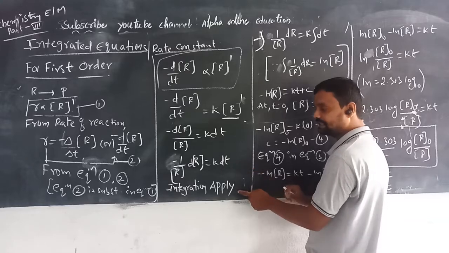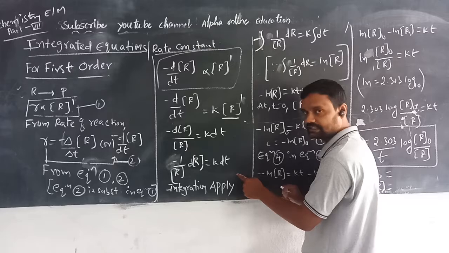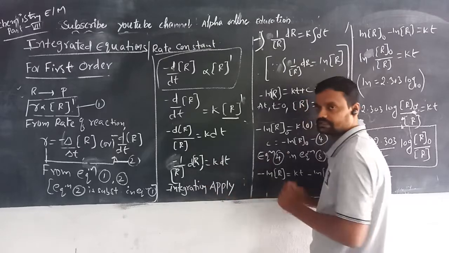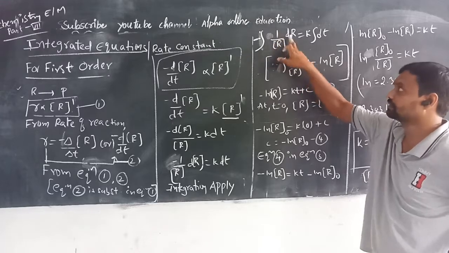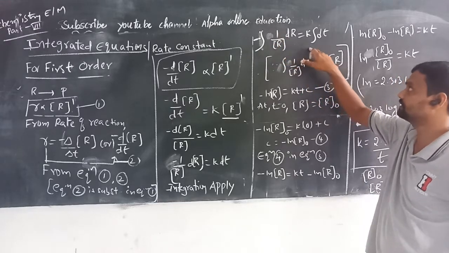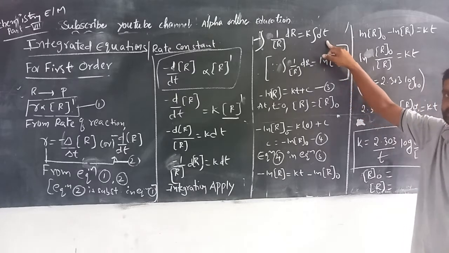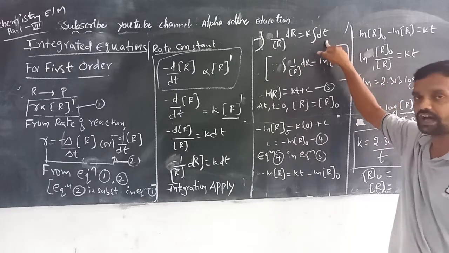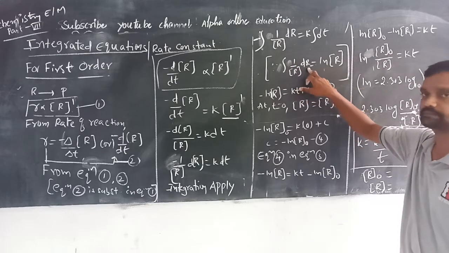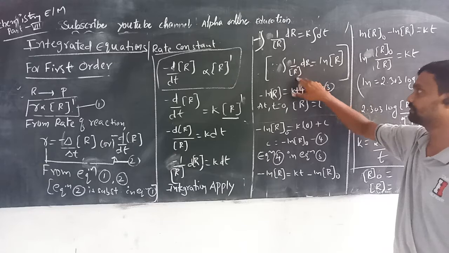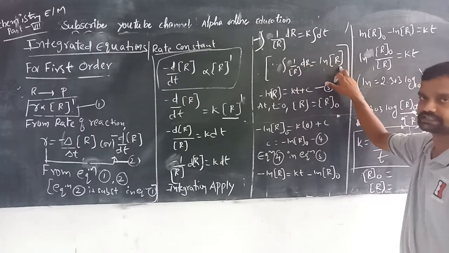Here we apply integration on both sides. Then integration of 1 by R dR is equal to K into integration of dt. According to mathematics, the integration of 1 by x dx is equal to ln x.